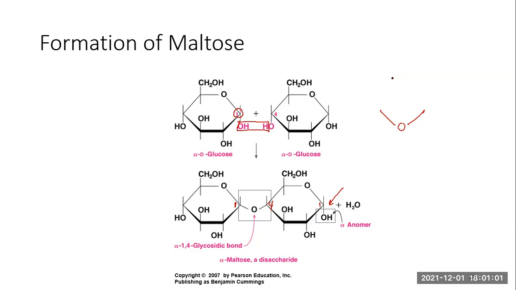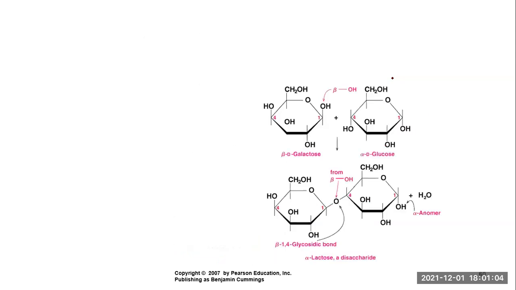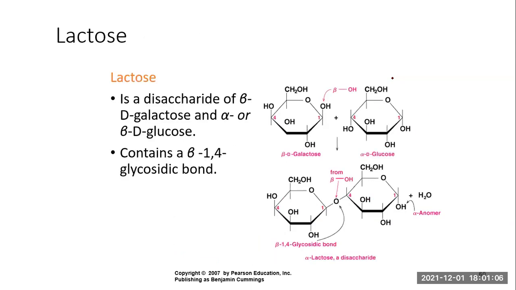Now, lactose is another disaccharide. Again, you do need to know maltose, the two that make it up, which are two glucose molecules. For lactose, you need to know that it is made up of a galactose and a glucose molecule.